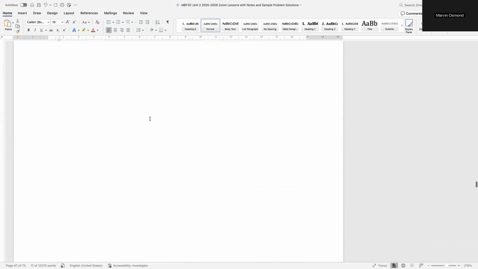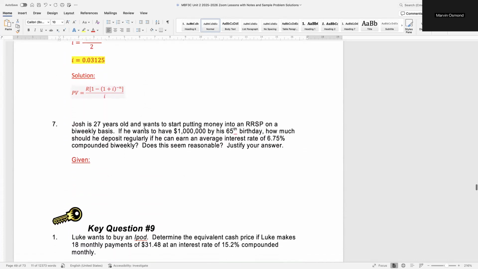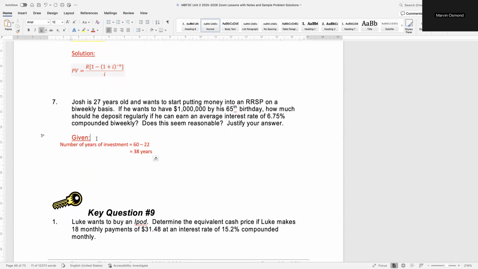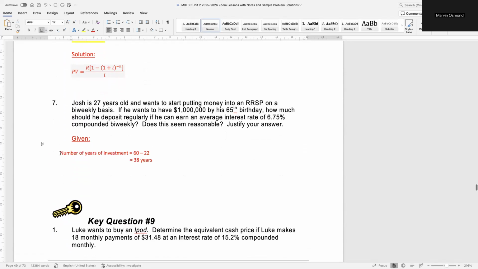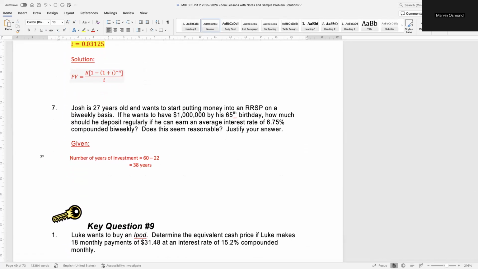That's what I mean: when you're doing these support questions, if you look back up, find an example. This one is slightly different though, because it says, if he wants to have $1 million by his 65th birthday, how much should he deposit regularly?